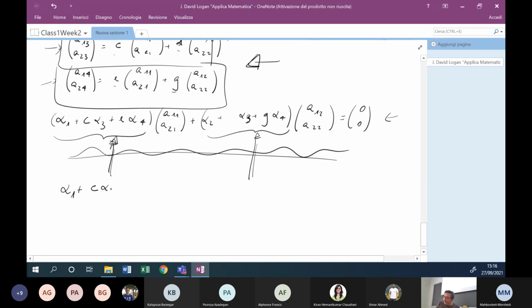Alpha 1 plus C alpha 3 plus E alpha 4 equal to 0, and the second: alpha 2 plus D alpha 3 plus G alpha 4 equal to 0.